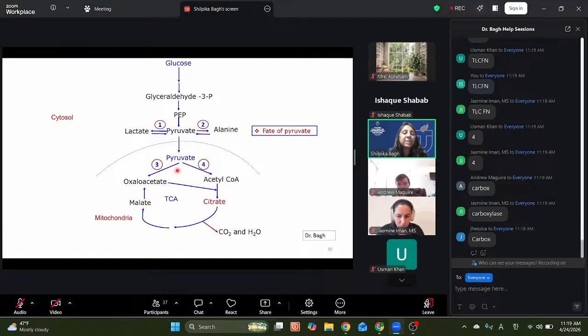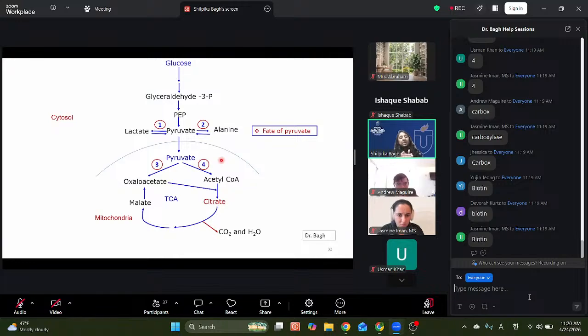Pyruvate carboxylase. Which vitamin does it require? Biotin. So which vitamin, active form, which enzyme? If you know the pathway, absolutely wonderful, right? For example, if you're saying alpha ketoglutarate dehydrogenase, which pathway? You just told me TCA cycle, right?